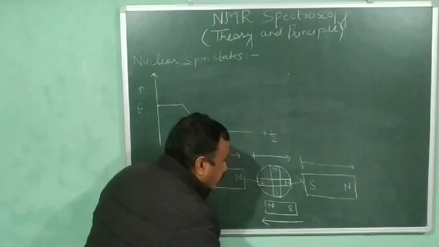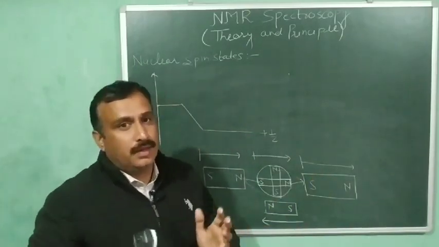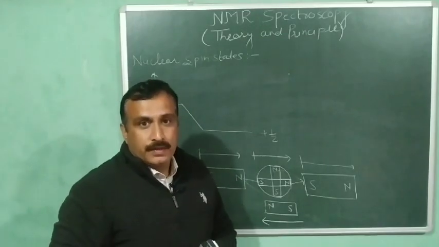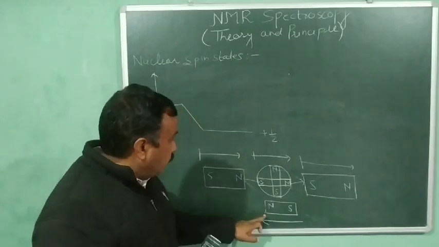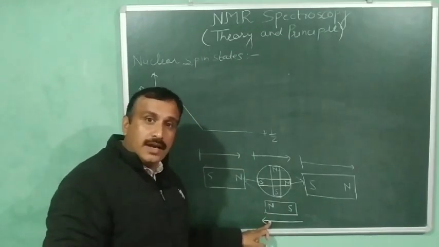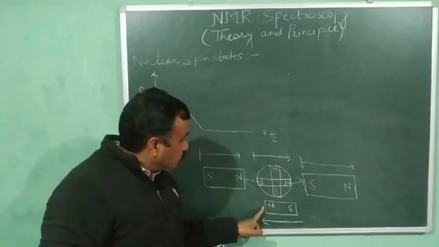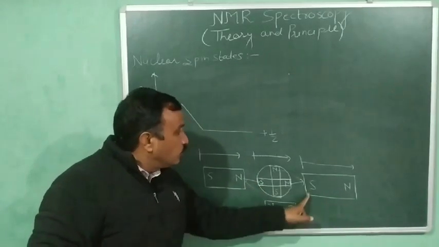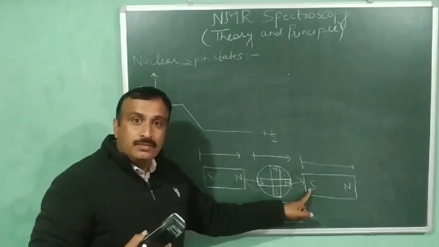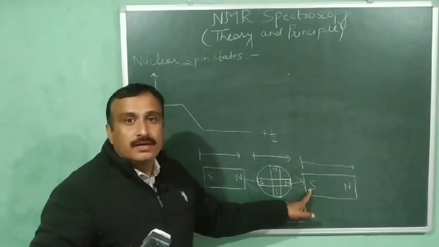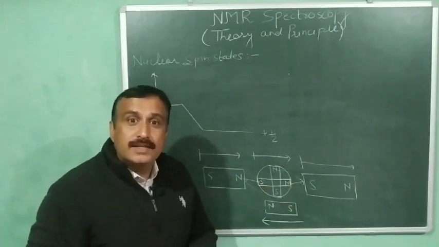now the direction of its magnetic field is opposite to the direction of the external magnetic field. So when I have supplied energy and aligned it against the external magnetic field, there will be repulsions, because now the north pole is facing north pole and the south pole is facing south pole, and repulsions never lead to stability, and repulsions bring instability.